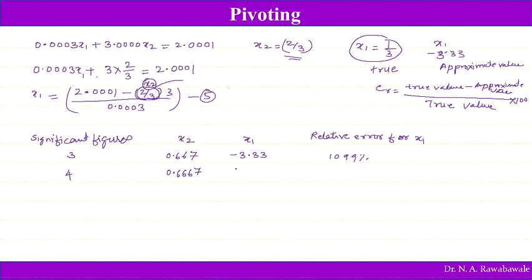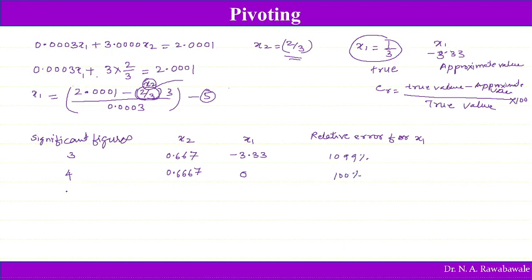0.6667, then the x1 value will become 0. The x1 value becomes 0, and this error is going to be 100%.